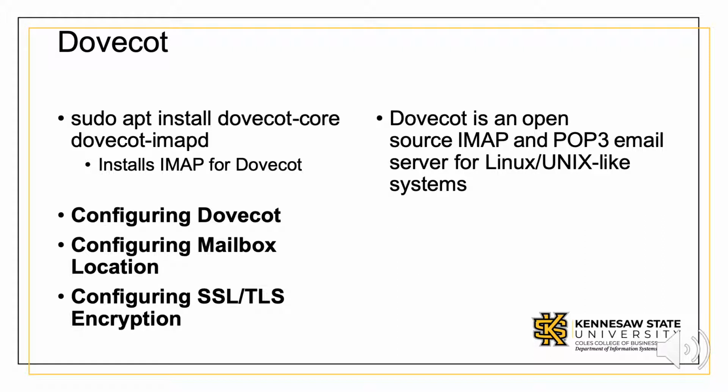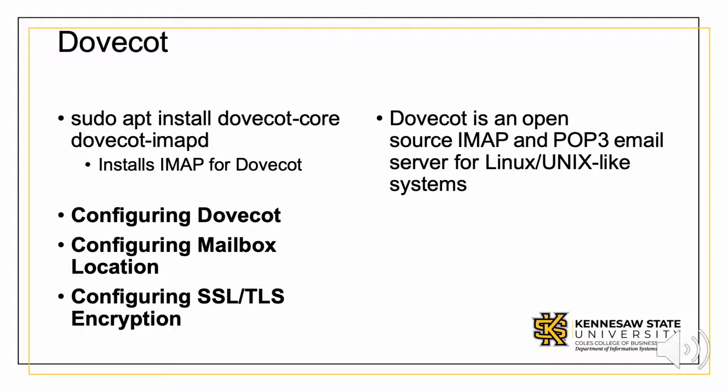Configuring it, you open up a source file where you can secure the email traffic through a TLS certificate, which is more of a hardening technique, which allows you to send and receive mail encrypted. You obtain a certificate through an Apache server, which we've already downloaded, and you apply it.